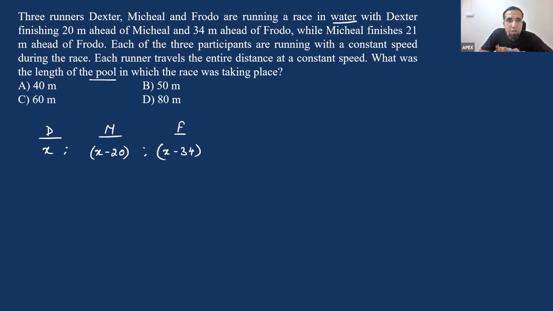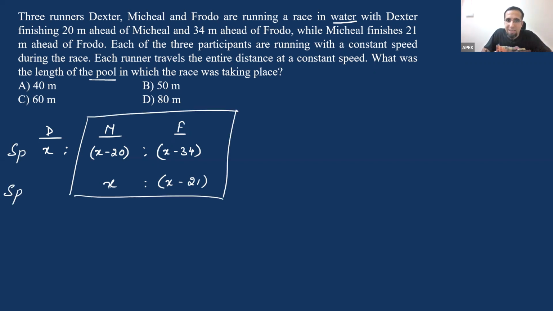Fair enough. Now, each of the 3 participants is running at a constant speed. When Michael covers x, Frodo covers x minus 21. Clear? Because in the first place, Michael has not completed the race. So I know that these are the ratio of speeds of D, M, and F, and these are also the ratio of speeds of D, M, and F. So I can equate these 2 speeds, because the question says that they are running at constant speed.